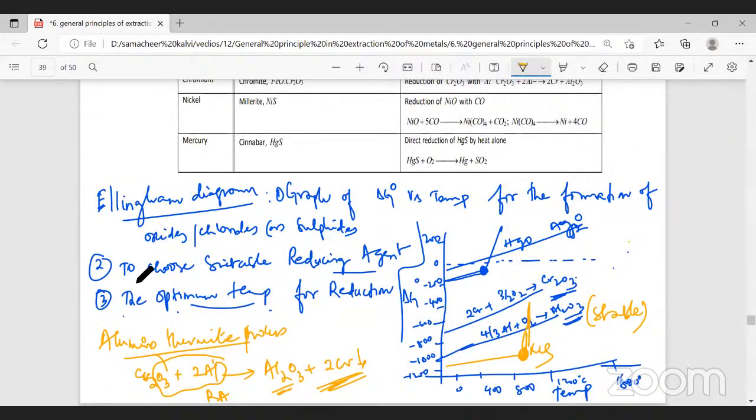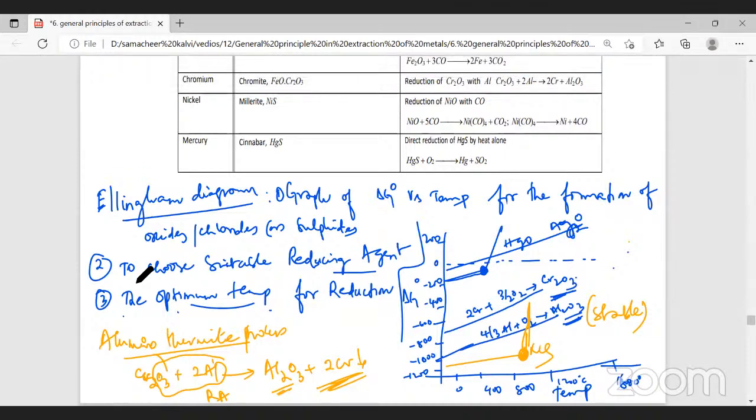But I hope you understood the definition of Ellingham's diagram. It's a graphical representation of standard free energy change as a function of temperature for the formation of oxides, chlorides, or sulfides. Did you follow this? Why do you have to learn the Ellingham diagram? In order to find a suitable reducing agent, and also to find the optimum temperature.